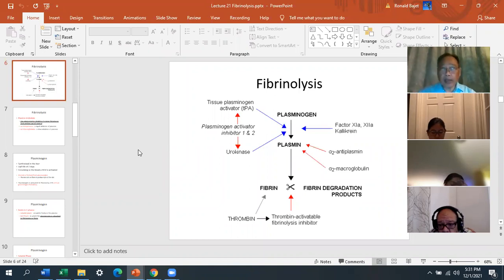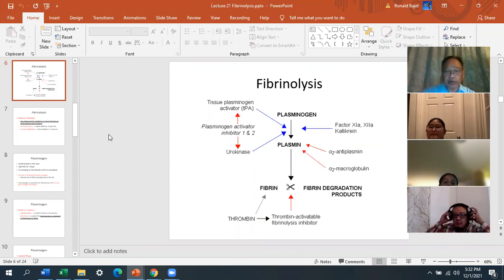So those are your main diagrams: the factor deficiency chart, your fibrinolysis pathway, and then your coagulation cascade. I was going to do the vitamin K, but I'm not going to do that. I'll be nice to you, not do the vitamin K metabolism. All right. Are there any questions? So make sure you know this by heart.